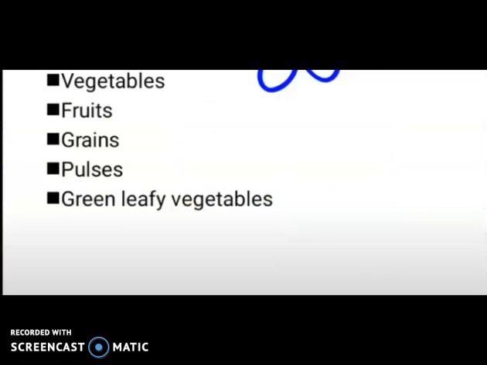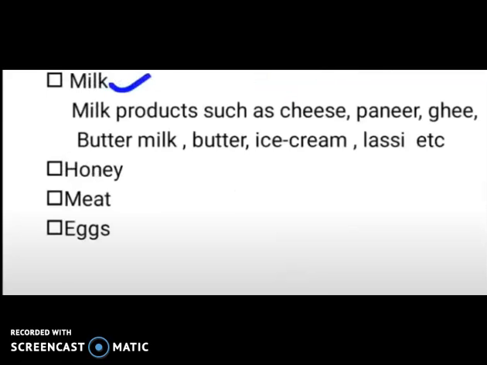So let us look at what are the plant products that we eat. Omnivorous or herbivorous animals eat from the plants. Those are vegetables, fruits, grains, pulses, and green leafy vegetables. Now, the products that we extract from animals and eat include milk.